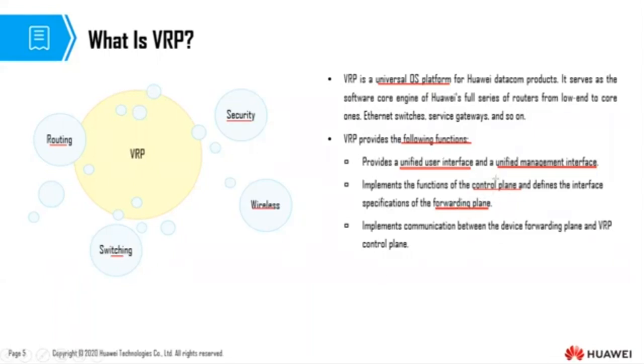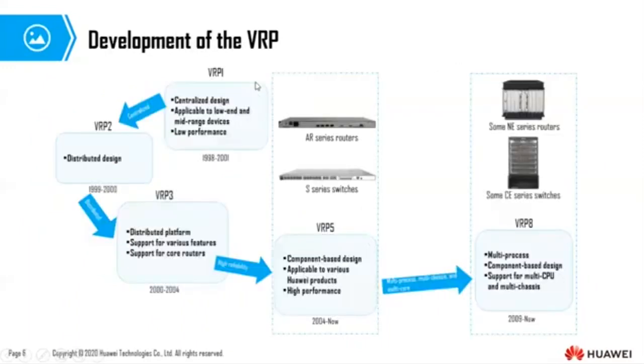In summary, the control plane is used to learn, for example, routes and configurations of protocols, while the forwarding plane is used to forward the data. It also implements the communication between the device forwarding plane and the control plane. They have to talk to each other. Those are the functions of this network operating system called the Versatile Routing Platform.